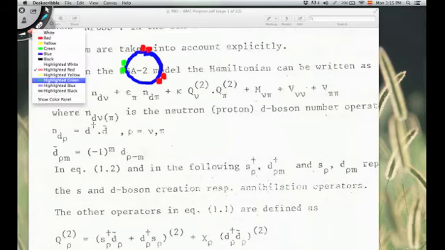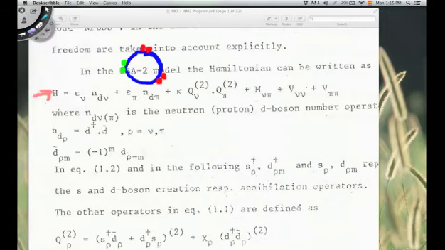Okay, the first part is given by the operators of D bosons and S bosons. You can think that this first part corresponds to the pairing interactions because it's actually the spherical contribution.